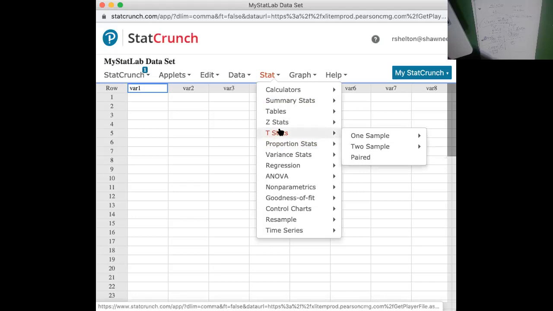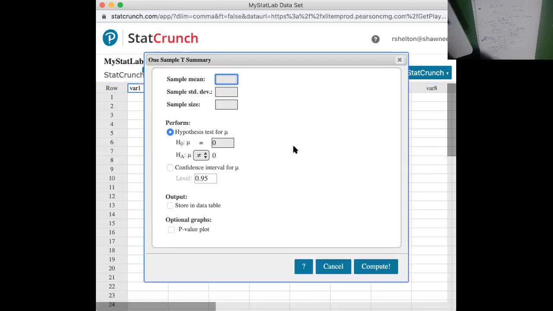So here we have one sample. Now we do not have data, right? It just told us that out of 136 people, it gave us the X bar, 68.6, but we don't have the individual results. So we say with summary: sample mean, it gave us that, 68.6. Sample standard deviation, it gave us that, 11.1.